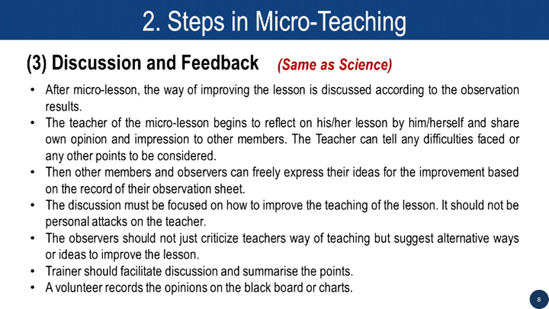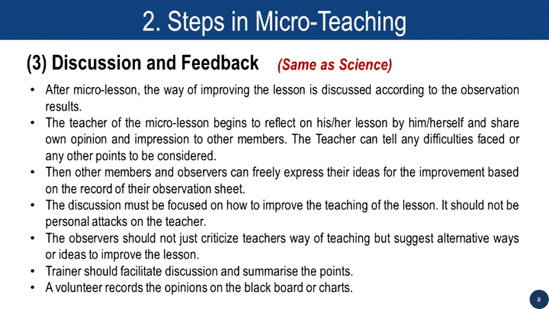Then other members and observers can freely express their ideas for the improvement based on the record of their observation sheet. The discussion must be focused on how to improve the teaching of the lesson. That is very important. It should not be a personal attack on the teacher.